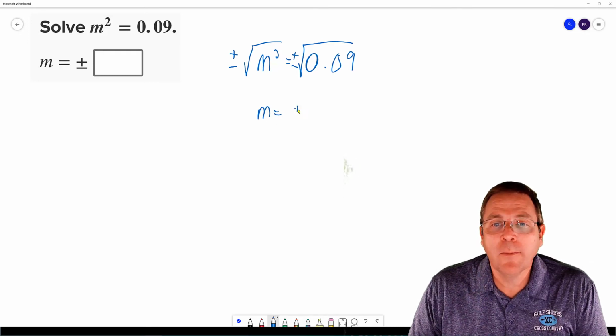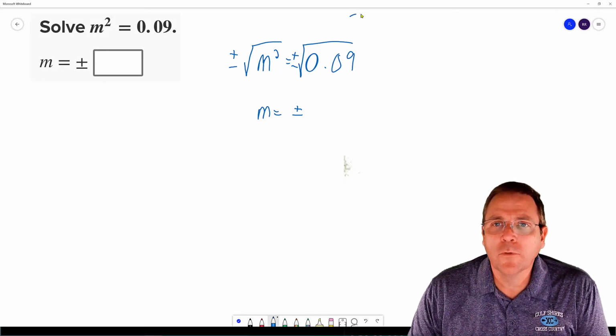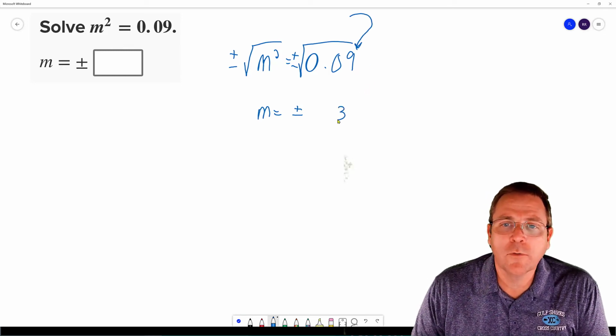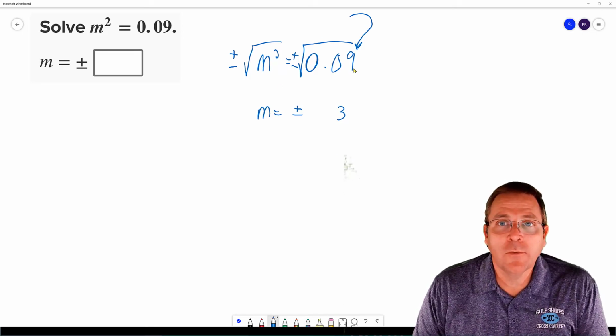And then we're going to have a positive or negative, and we have to figure out what number times itself is going to equal 0.09. Well, first question is, do we know the square root of 9? Of course we do. Square root of 9 is going to be 3. How many decimal places are we going to have to bounce when we multiply that 3? 1, 2.